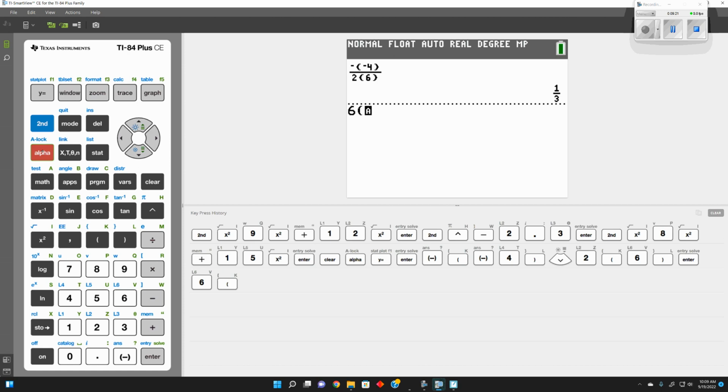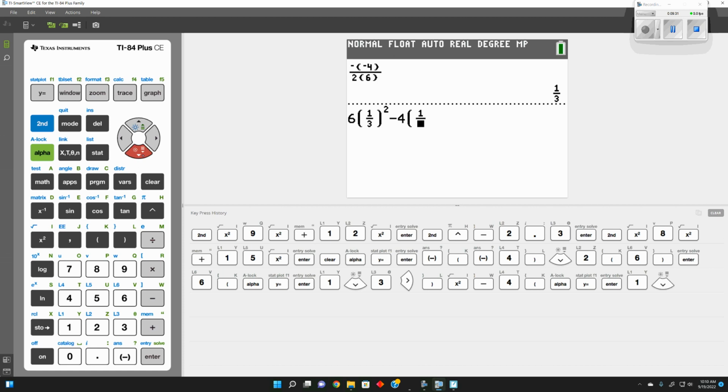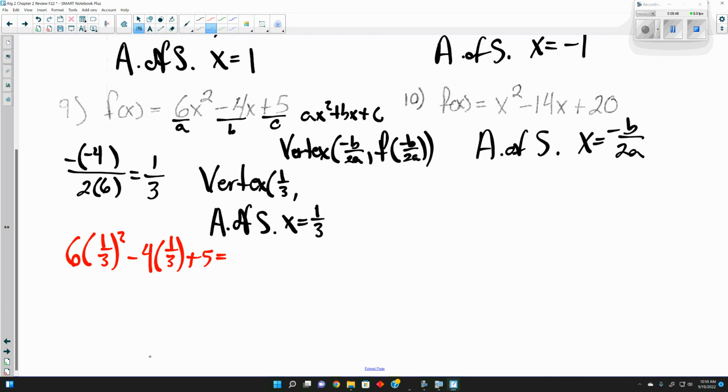Six, parentheses, alpha y equals enter, 1 over 3, close parentheses, squared, minus 4 times... But we get 13/3. So it's 1/3 comma 13/3. And again, with the axis of symmetry, we're going to need x equals. For the vertex, we're going to need both of those points.